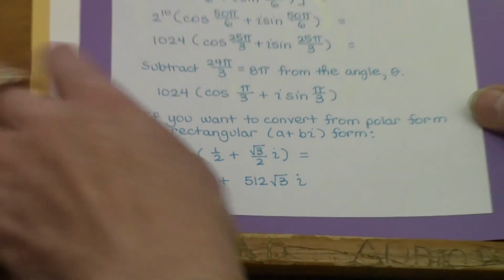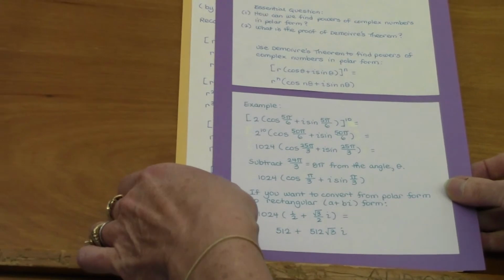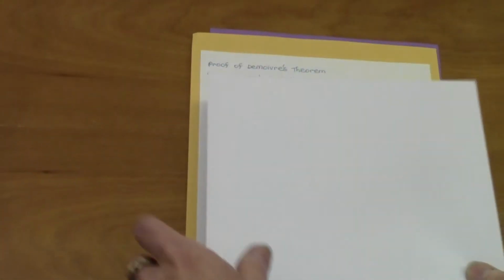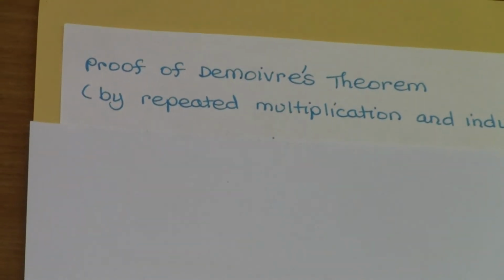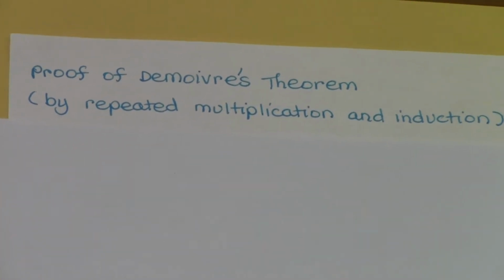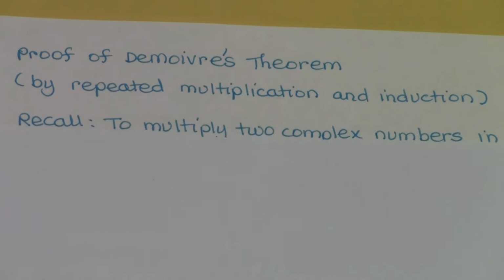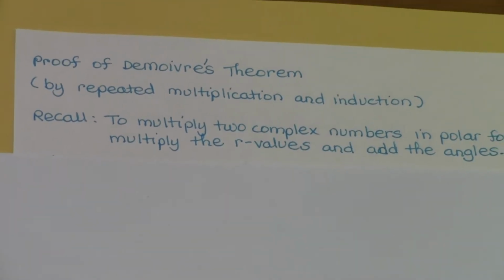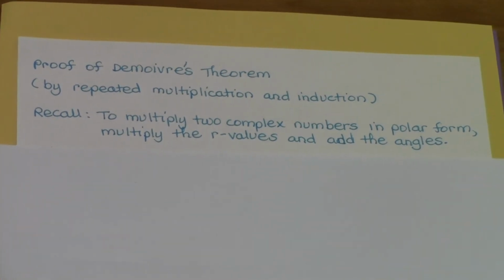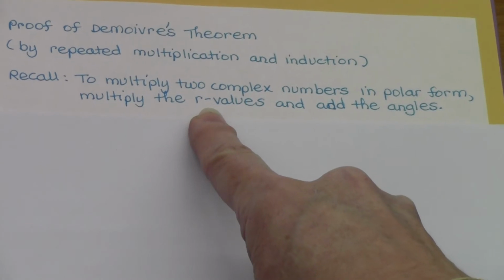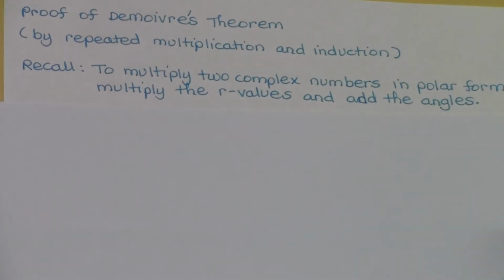All right, that's an example of using DeMoivre's theorem, and now we're going to dive into the proof. So let me just reveal this a little bit at a time. The proof of DeMoivre's theorem can be done inductively by repeated multiplication. So what we're going to do is raise to a very simple power at first, and remember the rules that we already proved for multiplication. When we multiply 2 complex numbers, you multiply the r values, you add the angles.